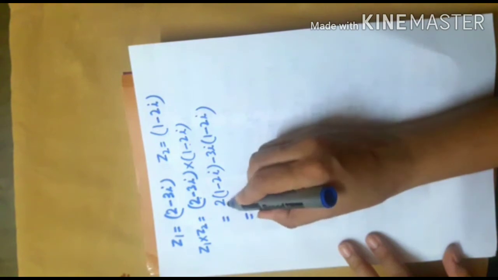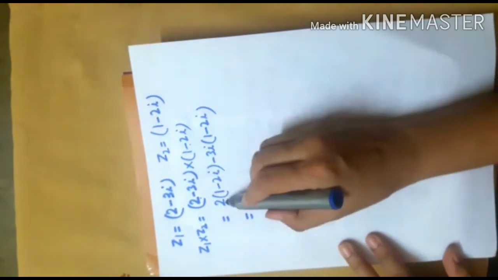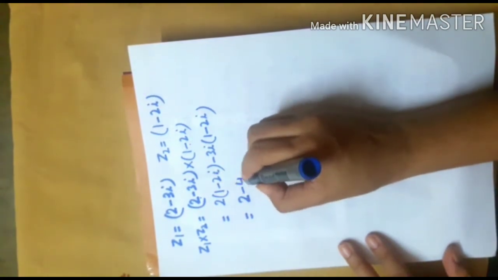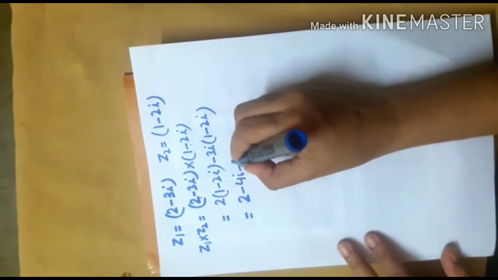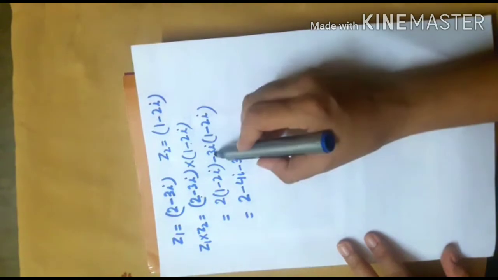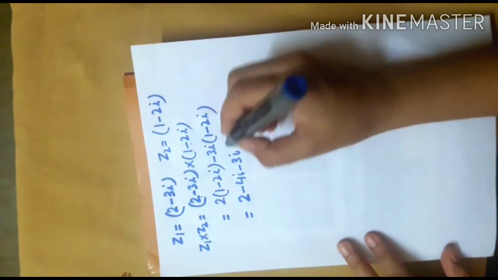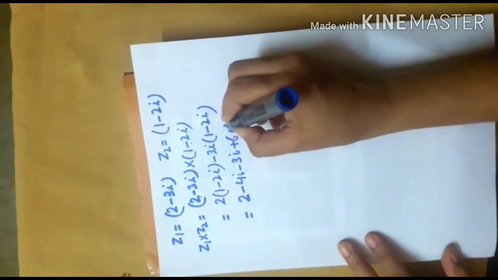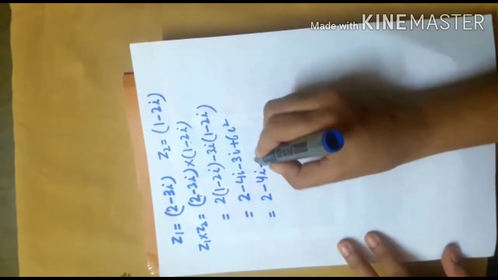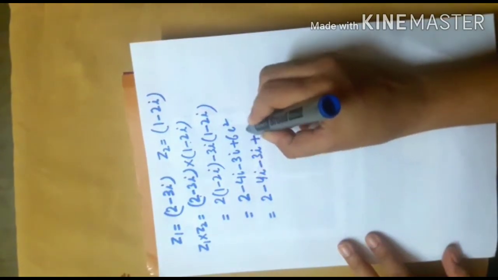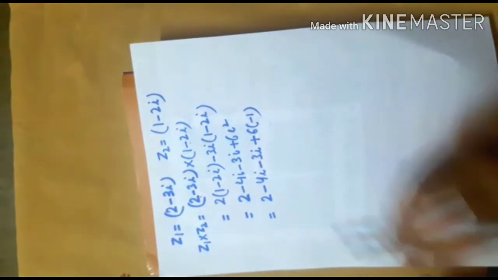Now open the bracket. 2 into 1 will give you 2. 2 into minus 2 iota will give you minus 4 iota. Minus 3 iota into 1, it's minus 3 iota. Minus 3 iota into minus 2 iota, it's 6 iota square. So it's 2 minus 4 iota minus 3 iota plus 6 into minus 1.